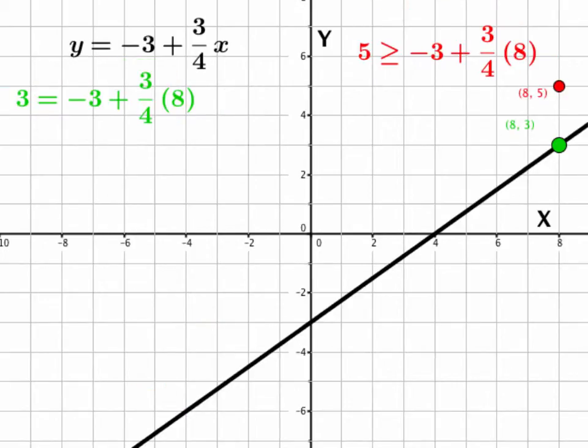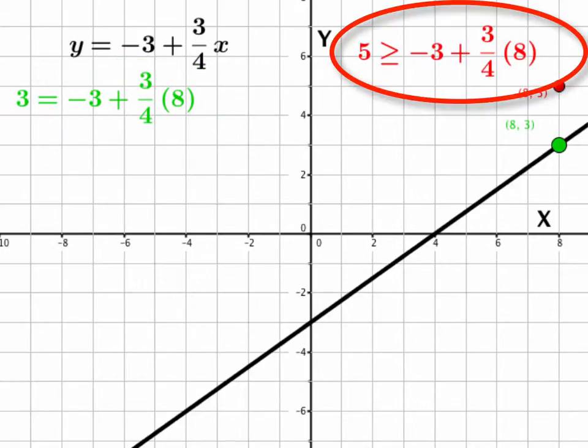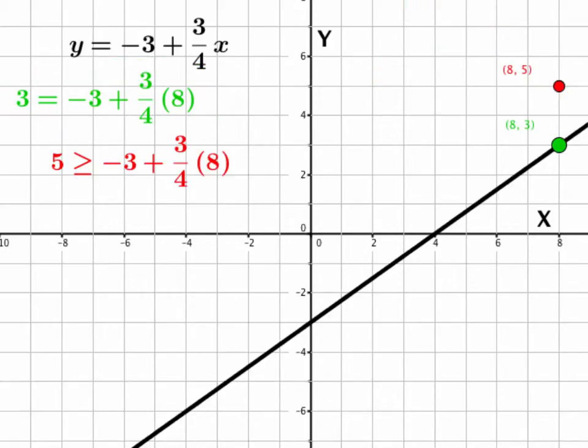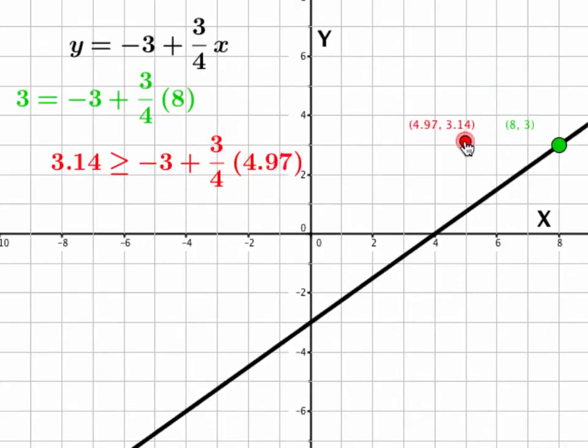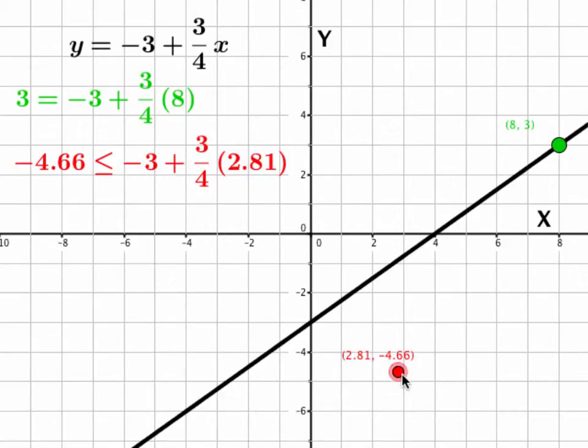Or for these two ordered pairs, for the ordered pair in green, 3 was exactly equal to negative 3 plus 3/4 times 8. So of course 5 is greater than negative 3 plus 3/4 times 8. And for any point above our boundary line, it will always be the case that y is greater than negative 3 plus 3/4 x. Of course, for any point below our boundary line, it will be the case that y is less than negative 3 plus 3/4 x.